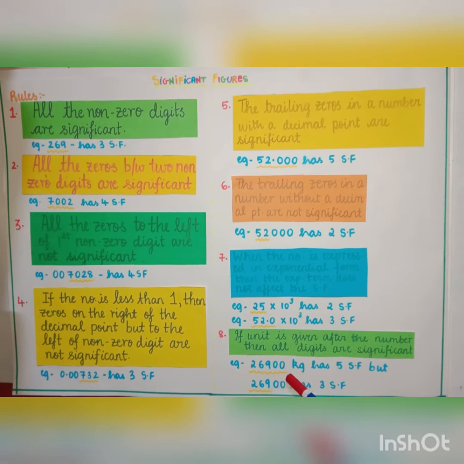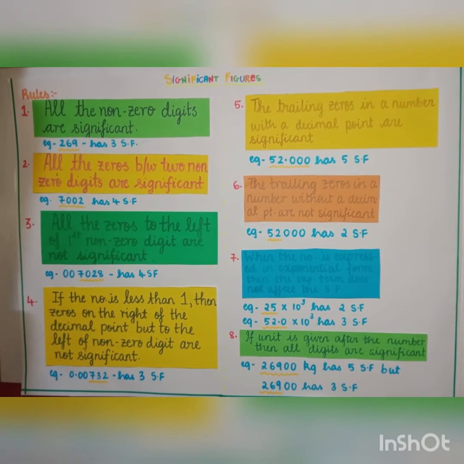But we need to be careful because we have a unit here. And as soon as we put a unit after a number, all the digits, be it 0 or non-zero digits, all become significant. Therefore, overall this number has 5 significant figures, which are 2, 6, 9, 0 and 0.